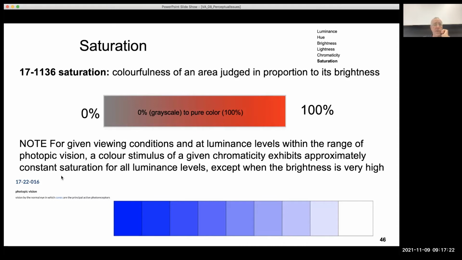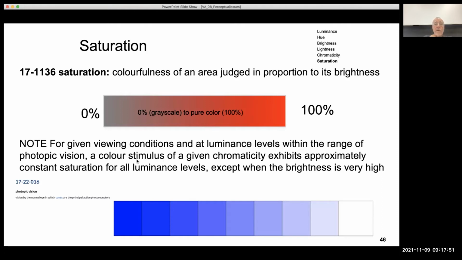What is photopic vision? Again, we can use the dictionary. Basically, when you are using cones, it means that you are perceiving colors. If you remember, if you are using rods, you get only black and white. Photopic vision is when there is enough light to stimulate cones, so you perceive color.